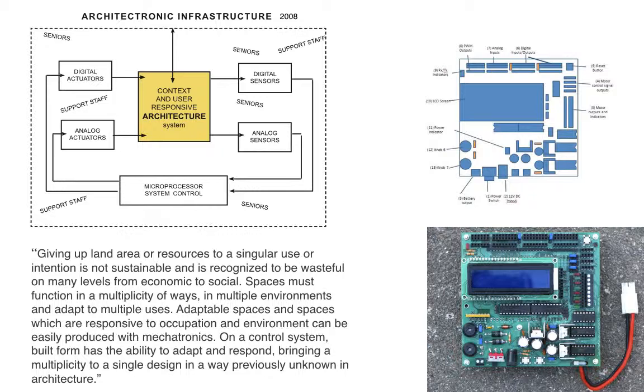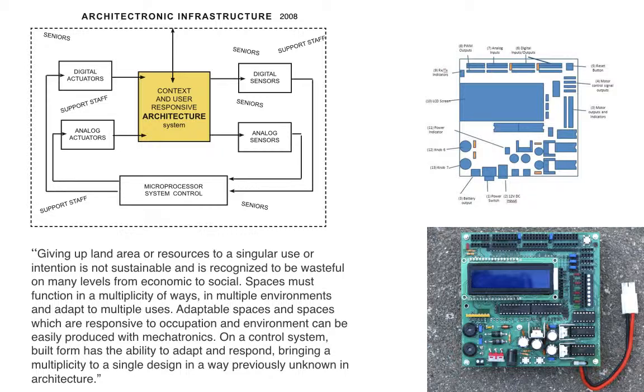But the proposition here is that giving up land or resources to singular use or intention is not suitable, and it is recognized to be wasteful on many levels, from economical to social. Spaces must function in multiplicity of ways and adapt to multiple uses.